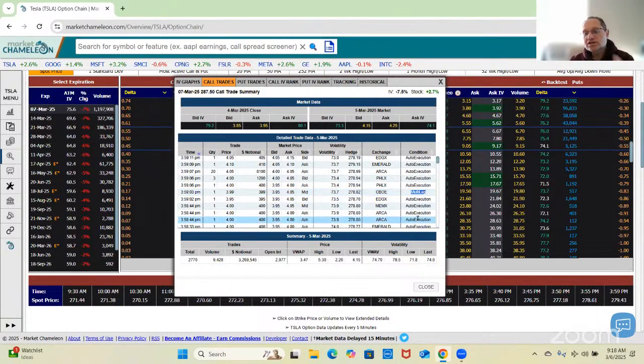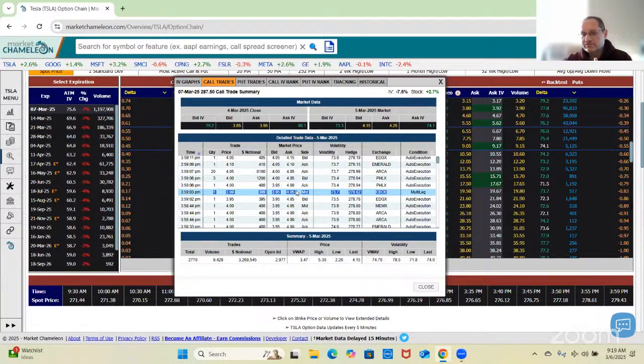This one was a multi-leg trade. So a multi-leg trade is a little bit different. This trade involved another leg to it. So this wasn't just a regular buy or sell of this option. This option was tied to an execution of something else. It could have been another option or another two options.